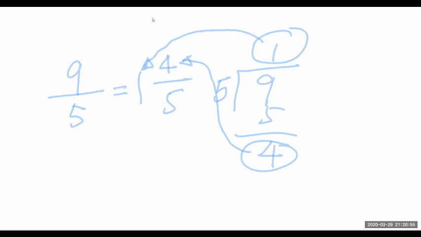I want you to do one more, or a couple, maybe. So what is 10 over 4? How do we do that one? Alright, so now there's 4 into 10.